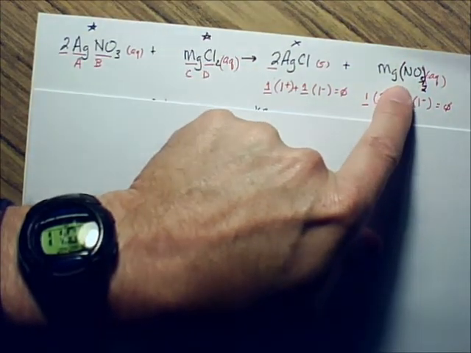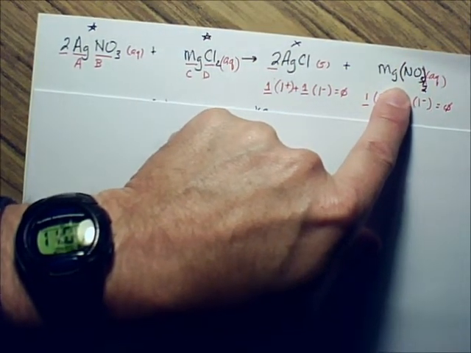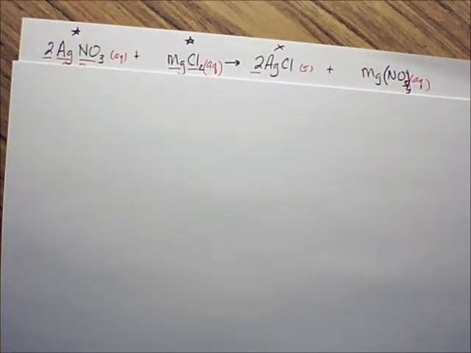Now when I say breaking them up, we have to break these up into separate charged particles. So that's the way we're undoing what we did when we made the formulas to start with.